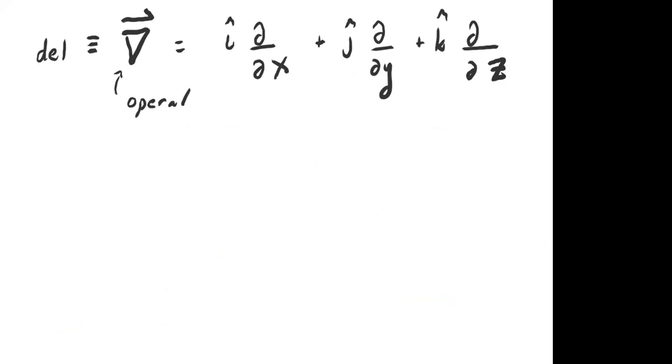It's a vector operator, because what it does is it looks for things to take partial derivatives of.